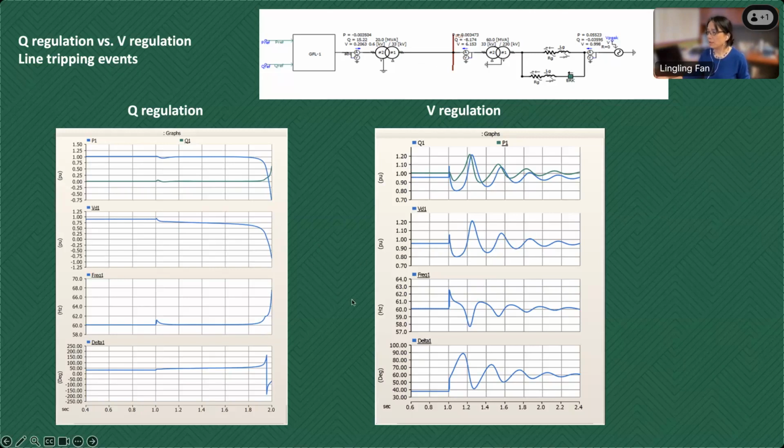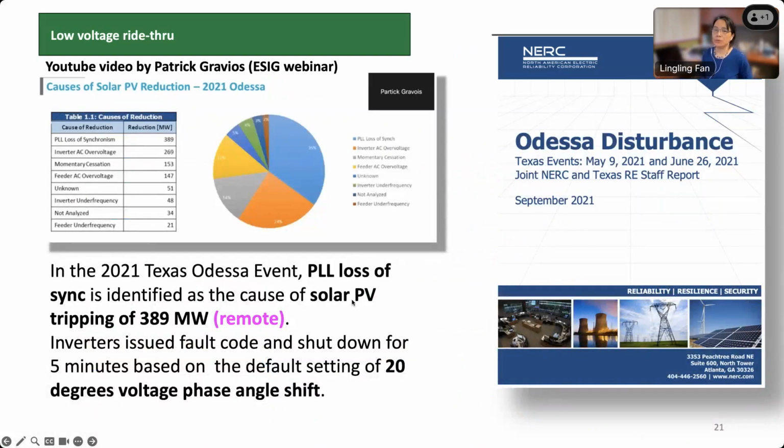All right, so now we are going to do the second event, from another report. This report is from Texas 2021. It's from NERC, and it's describing the Texas Odessa event disturbance. So what is happening here is we see a lot of PLL loss of synchronism and large-scale PLL tripping.